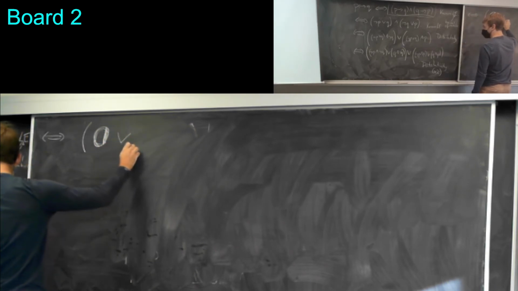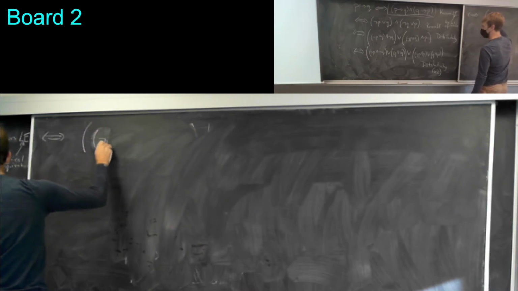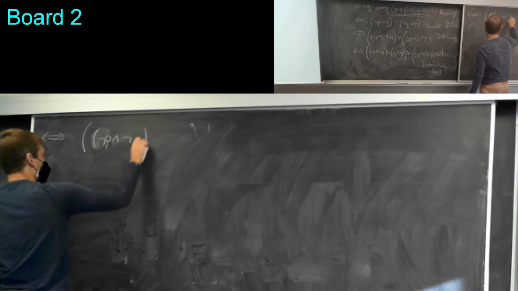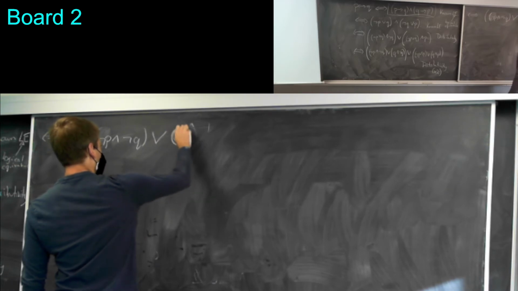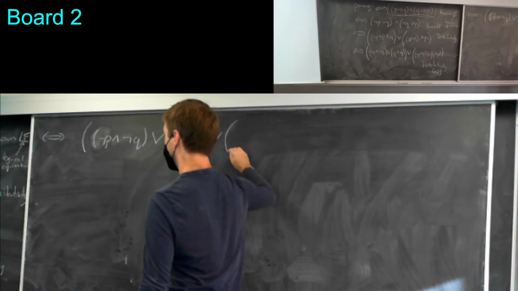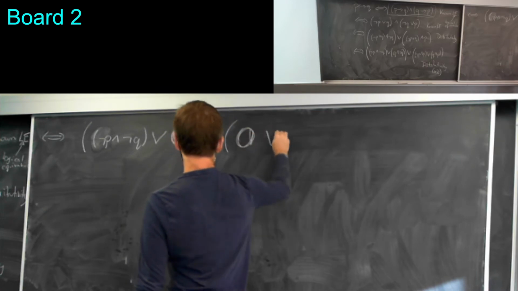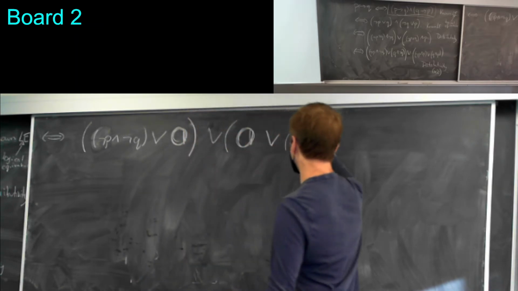Oh, sorry, that's the wrong one. So it should be not P and not Q, or bold 0, or bold 0, or Q and P.